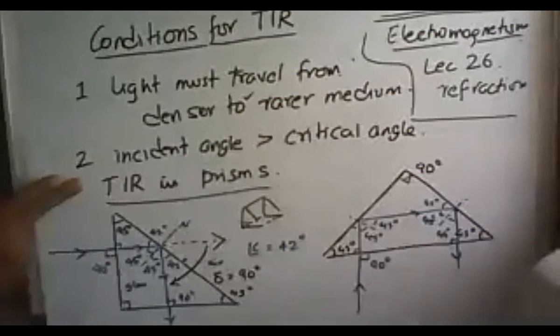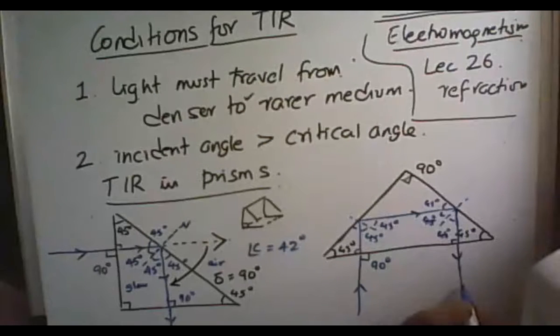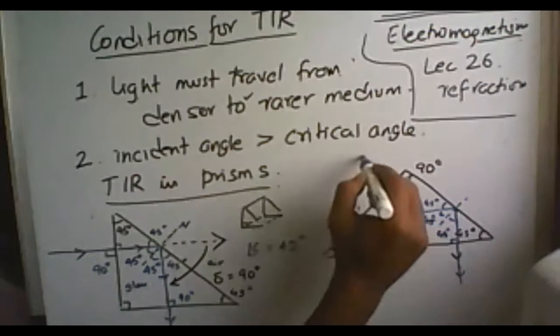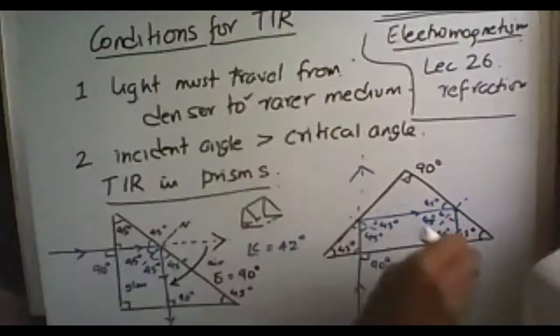The incident angle is actually 0 degrees. So then the condition is not met. So therefore, it's going to come out undeviated. And in this case, if you see, the direction of the light was in this direction, right? And it comes out in this direction. So your delta in this case is going to be 180 degrees. That means it has turned the light completely around.